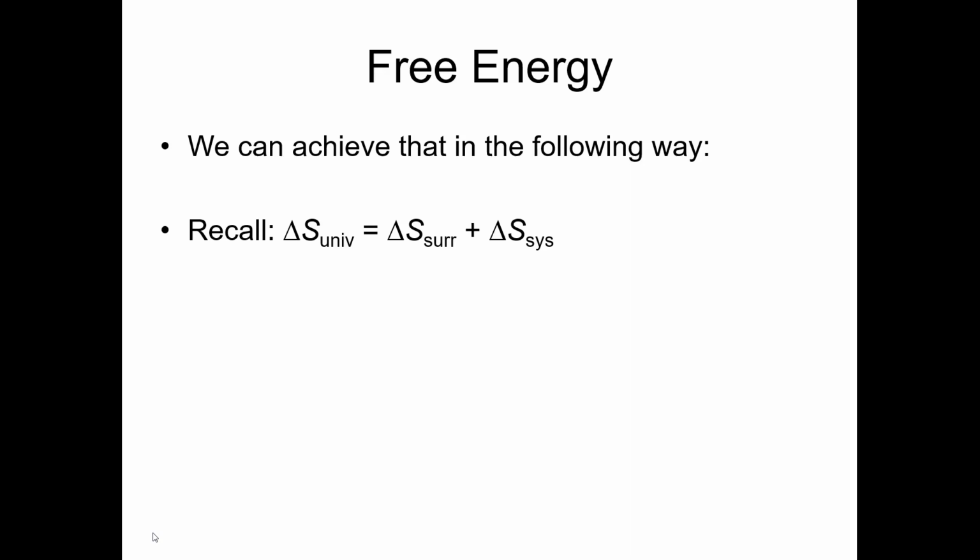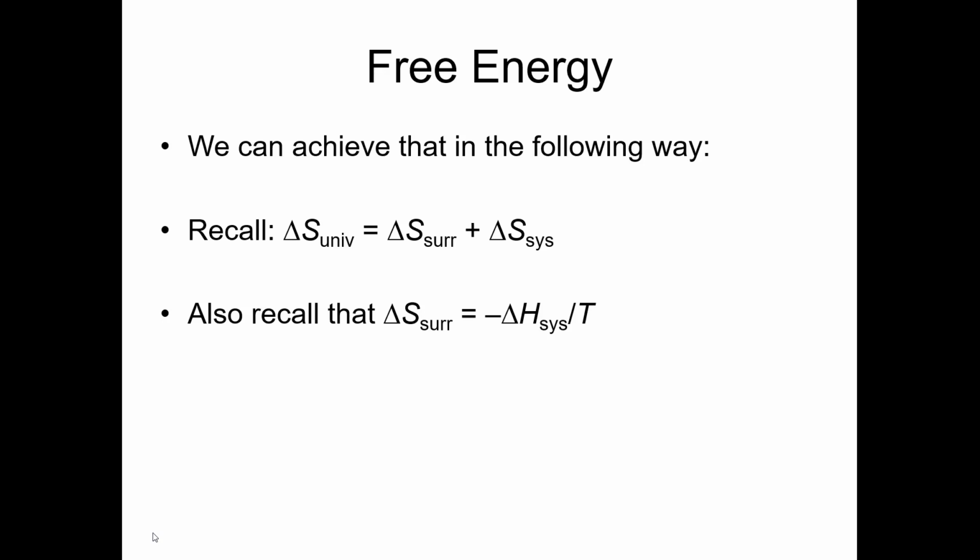And recall that if that delta S of the universe is positive, we have a spontaneous process. If it's negative, we have a non-spontaneous process. Well, I can also recall from previous conversation that the delta S of the surroundings is equal to negative delta H of the system over T, in which T is the temperature at which the process or reaction is occurring.